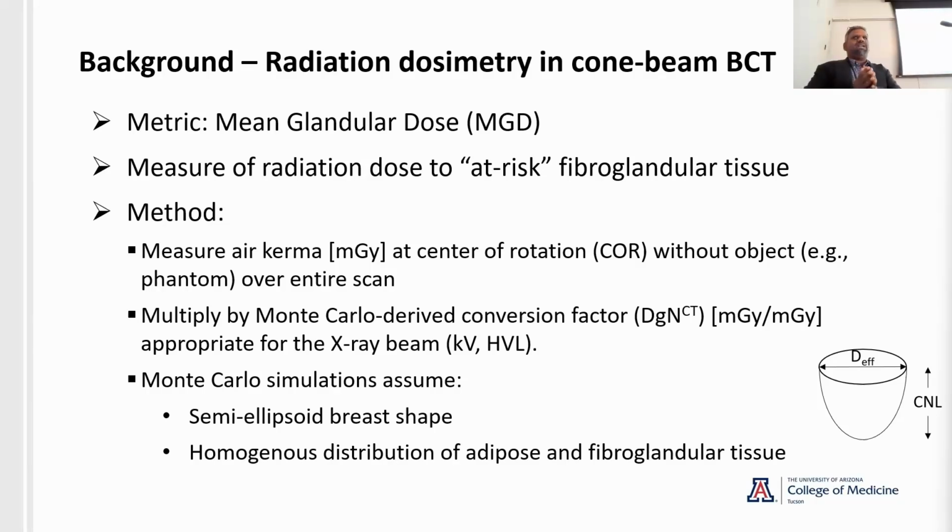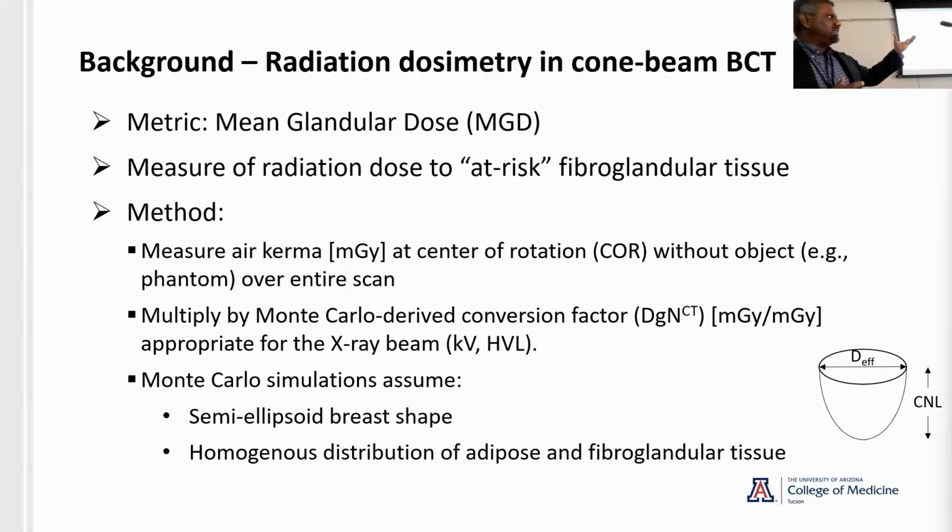In order to do that Monte Carlo modeling, we need some shape assumptions of what the breast would look like. Here we are talking about an uncompressed breast pendant through the table. We model that approximately as a semi-ellipsoid. That's what our current dosimetry is for breast CT.